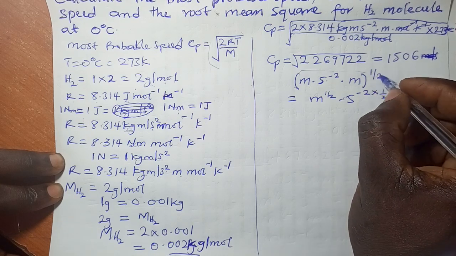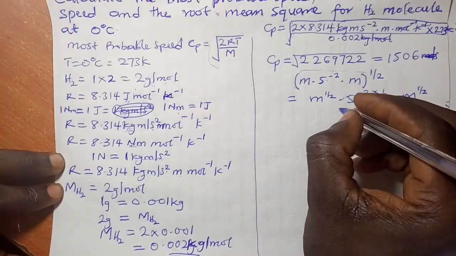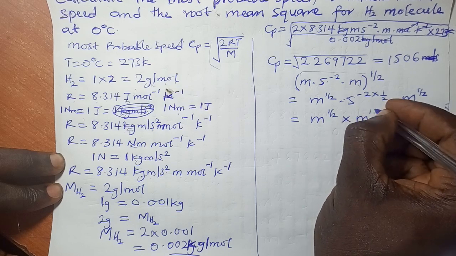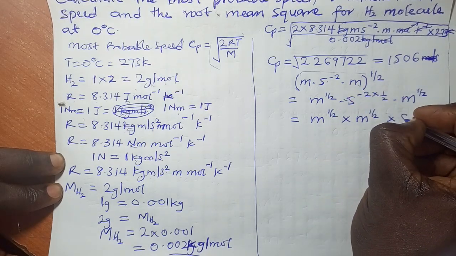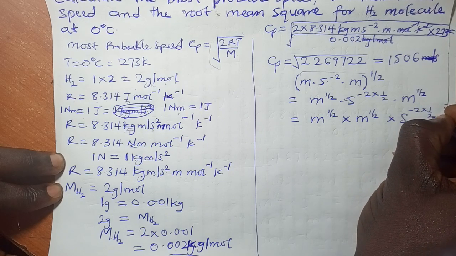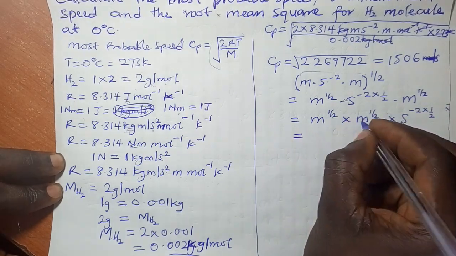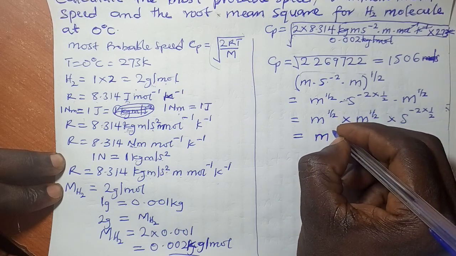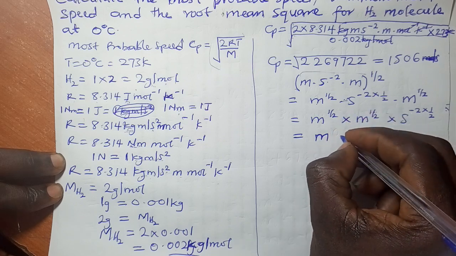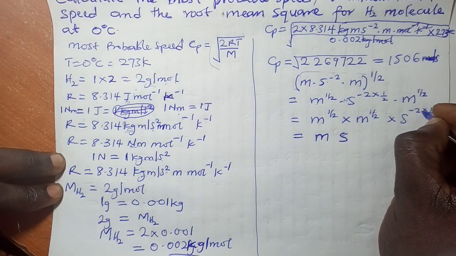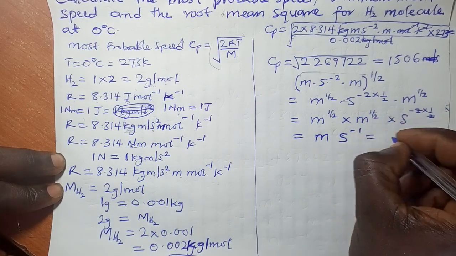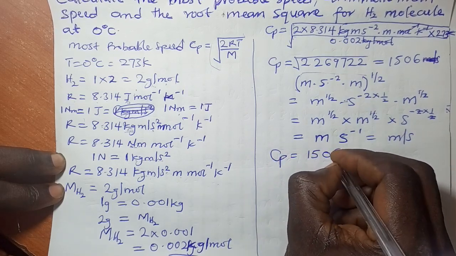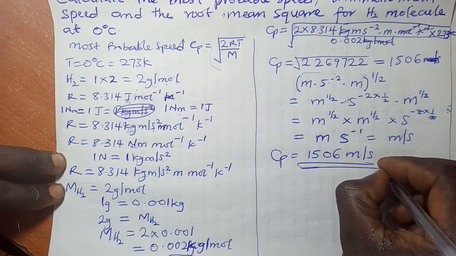You are using this power to expand the bracket. So this and this are the same, bring them together: m raised to power half times m raised to power half, then x raised to power minus 2 times half. This already tells you that they are the same. If you solve in indices, you're going to have 1, half plus half will give you 1. Then x remaining here, this will cancel, remaining raised to power minus 1, which is meter per second. So that means your answer will now be 1506 meter per second. Do you understand?